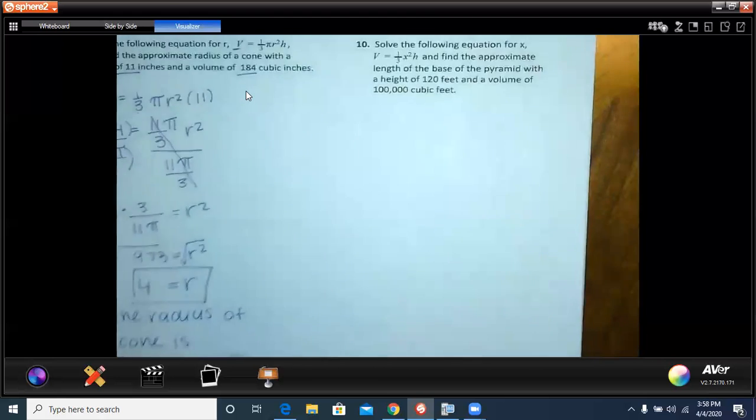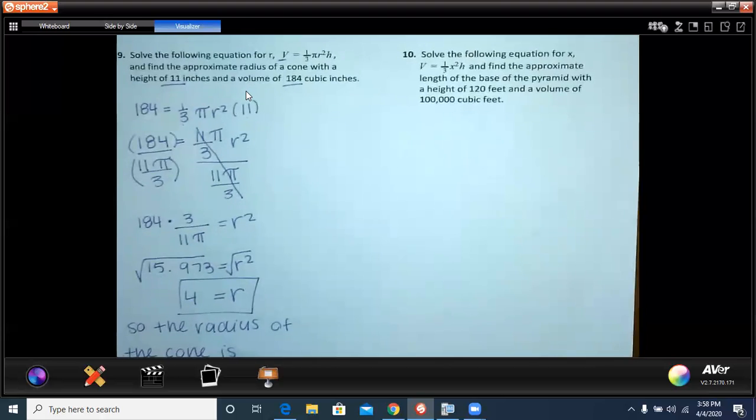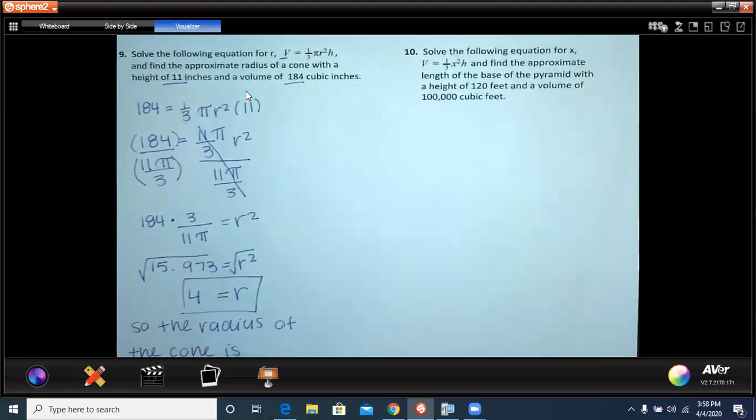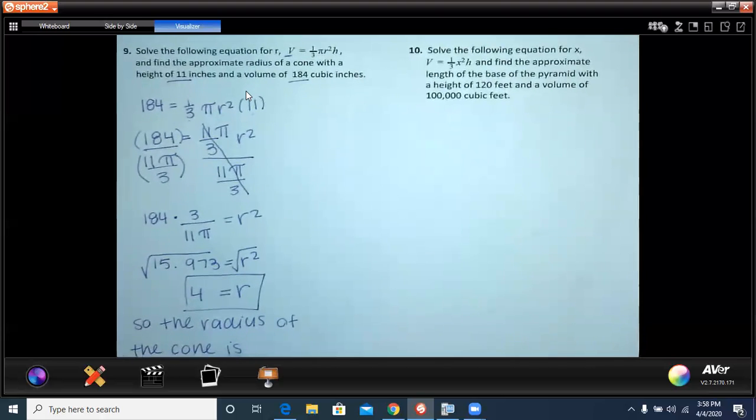All right, let's do another example. So number 10 says to solve the following equation for x. Again, they give us a volume formula and want us to find the approximate length of the base of the pyramid. So apparently x is the length that we are looking for, and they did again give us 2 things to plug in. They give us the height to be 120 feet and the volume to be 100,000 cubic feet.